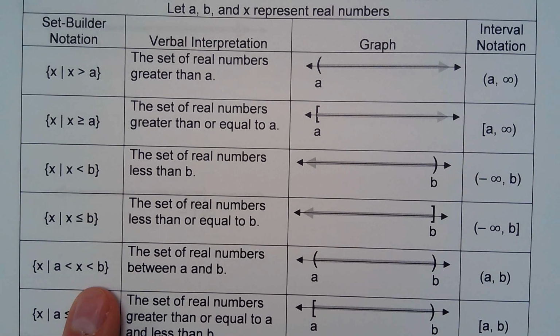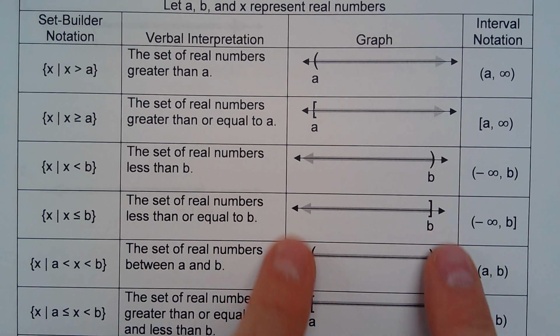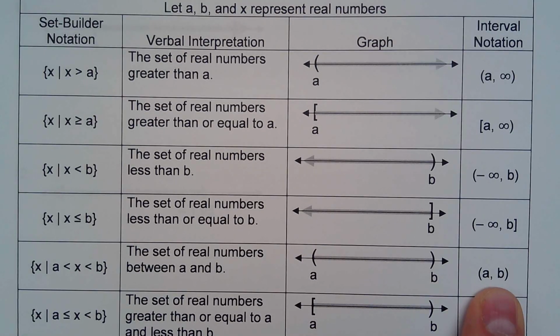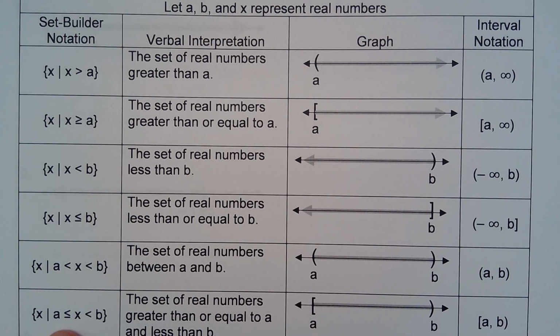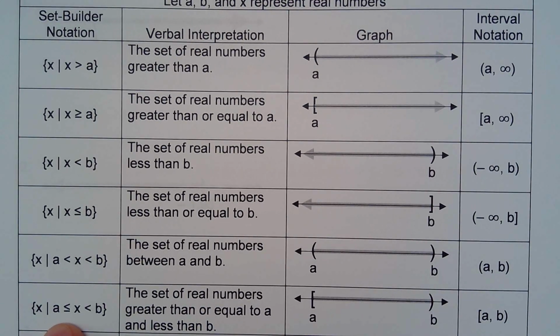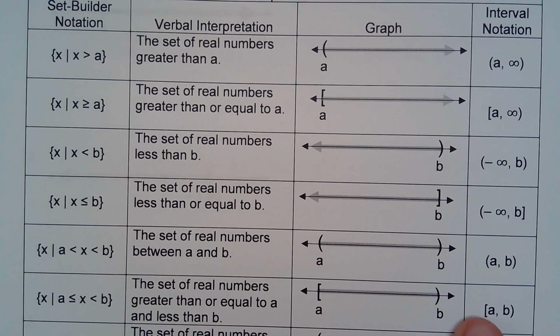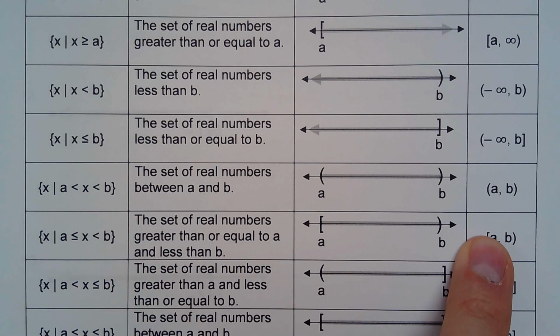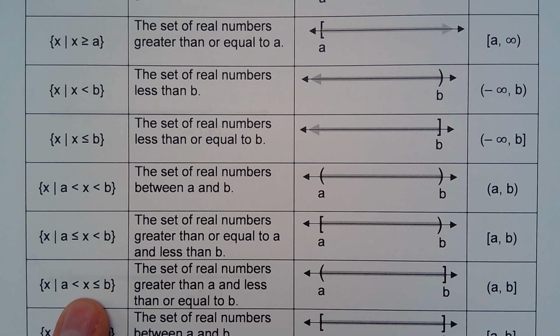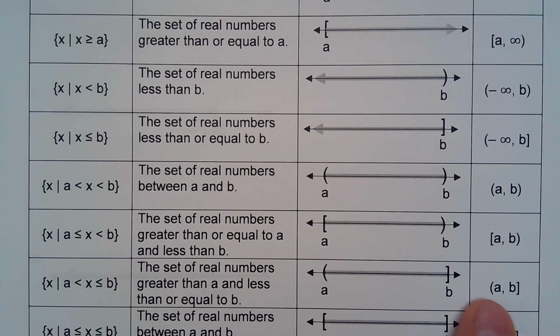If we're between a and b, then I'm going to shade everything in between a and b. Parentheses around both. If a is less than or equal to x less than b, then I need to put a square bracket on the a. Similarly, here I'd have to put the square bracket on the b.